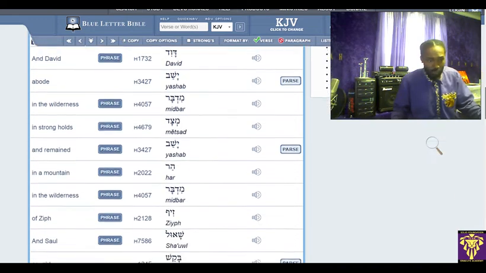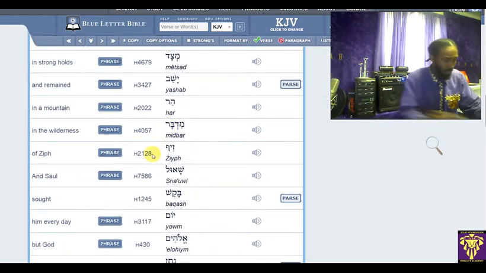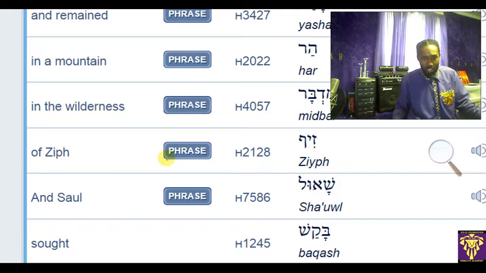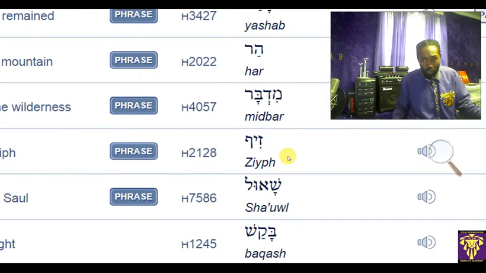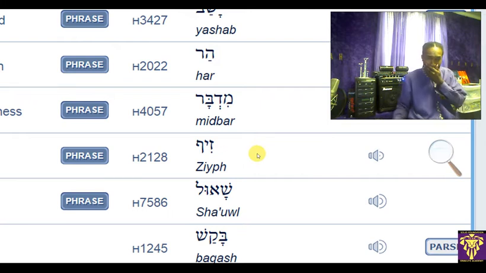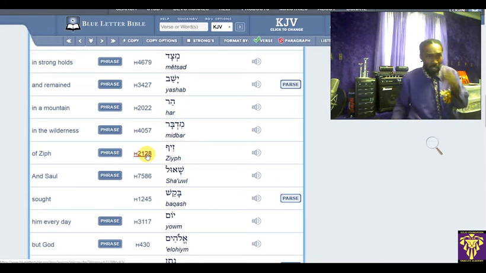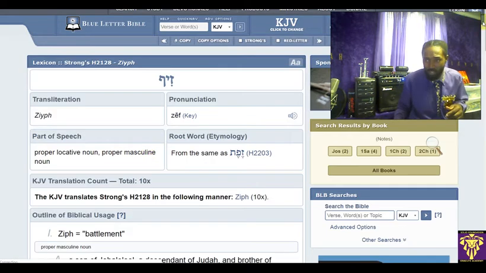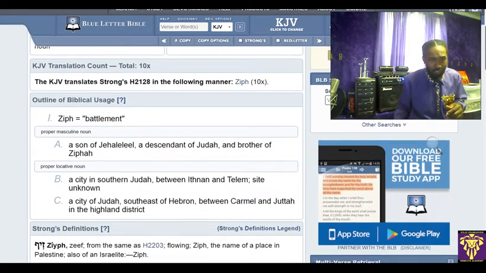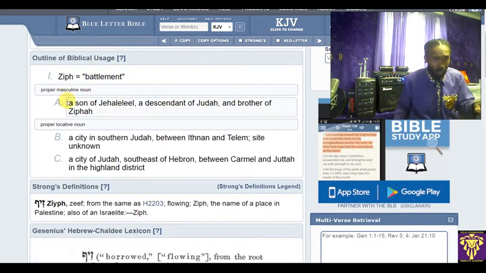1 Samuel 23 and 14. And let's go to Ziph, which is Hebrew 2128. Strong's H2128, Ziph. Okay, so David was hiding in the wilderness of Ziph. Okay, let's go into Ziph. Ziph means battlement. What does that say?